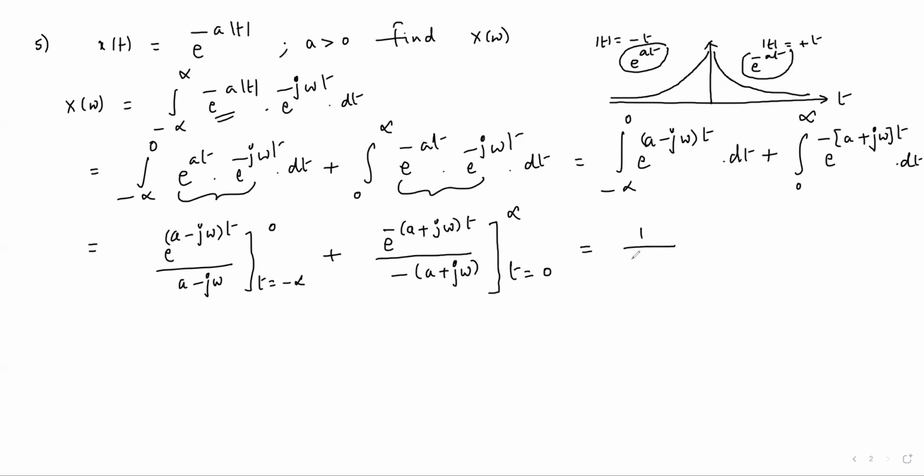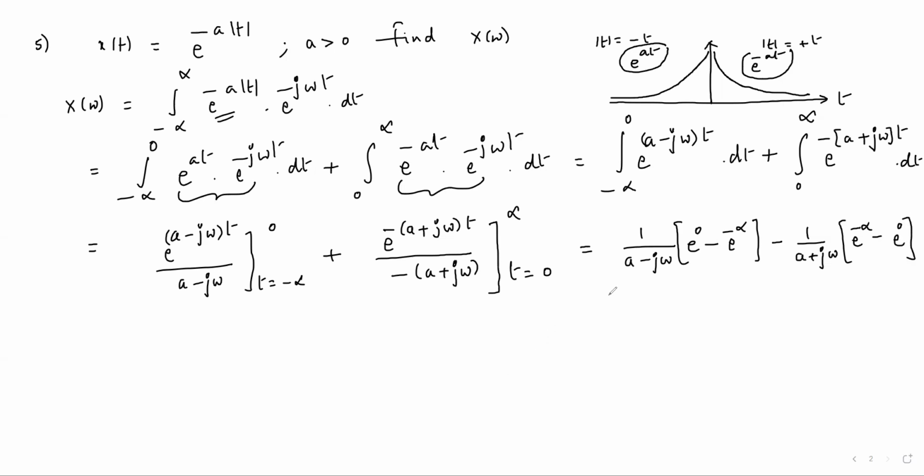This is 1 divided by a minus j omega; same process, upper limit it is e to the power of 0, lower limit it is e to the power of minus infinity. Minus of 1 by a plus j omega; it is e to the power of minus infinity at the upper limit, minus e to the power of 0 at the lower limit.